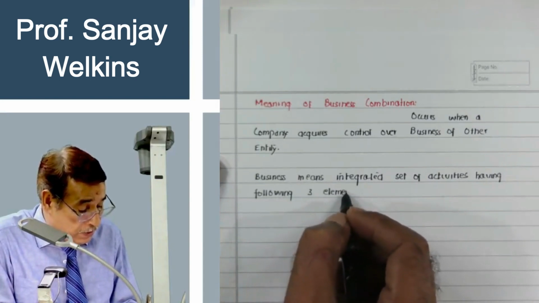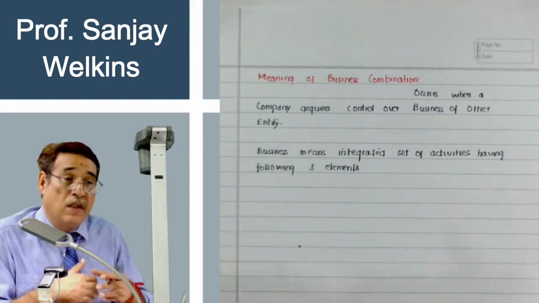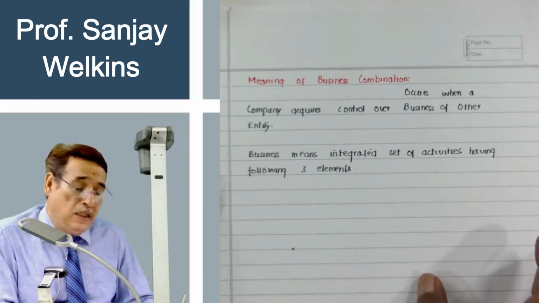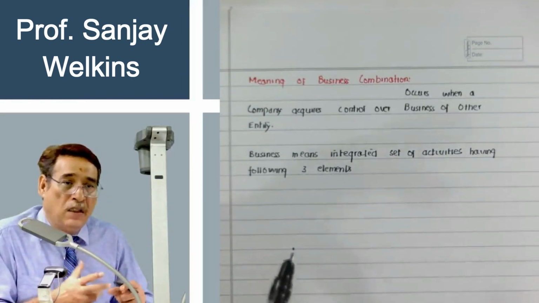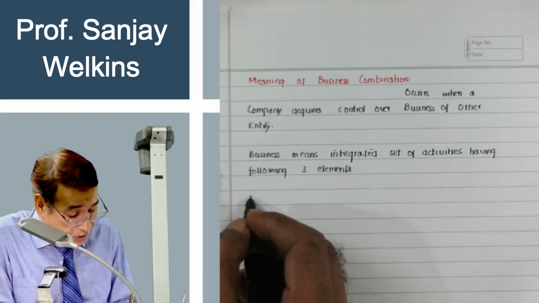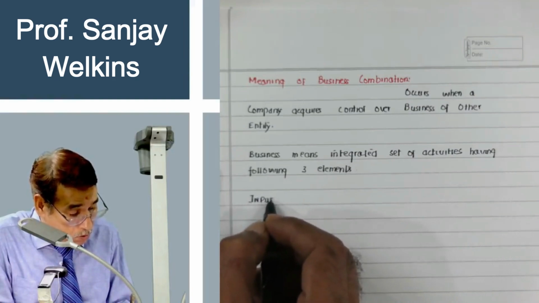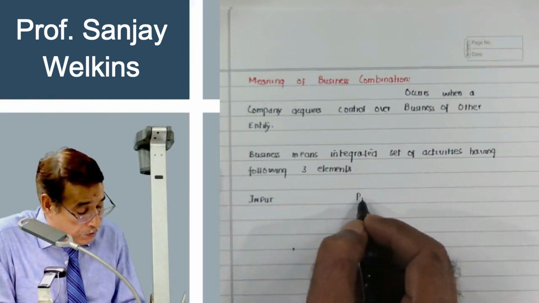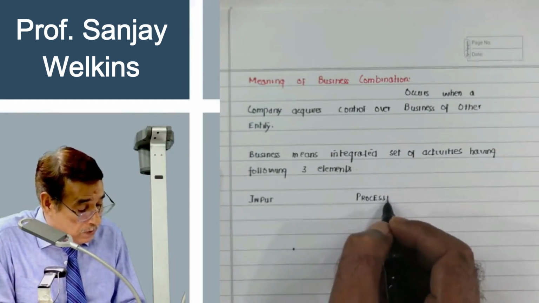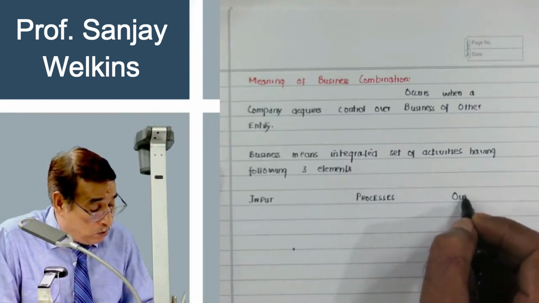So the standard says that business basically means an integrated set of activities, and these integrated activities are nothing but a set of three elements. What are those three elements? One is known as input, the other one is known as processes, and the third one is known as output.